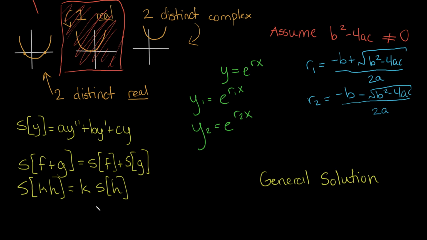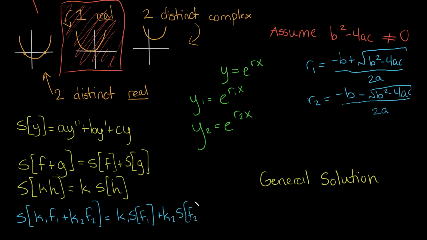Now, given these two facts, we remember that we could make a general fact that incorporates both of these. So S of some constant times a first function plus some other constant times a second function is equal to the first constant times S of that function alone plus the second constant times S of that second function alone.